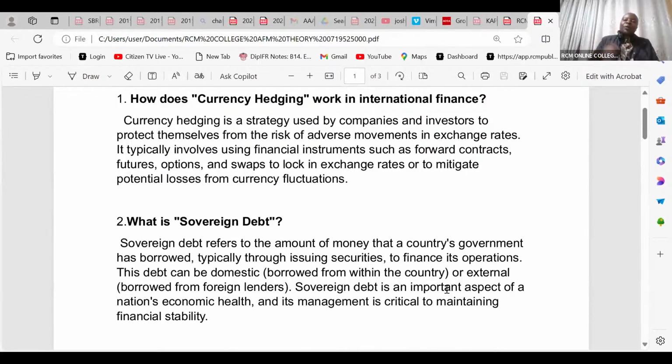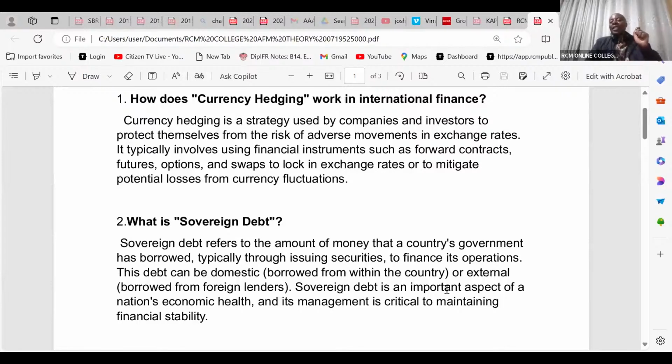Moving forward, right now the Kenya Kwanza government is looking at getting money from Japan, from China, and from Islamic countries through what we call sukuk bonds. They have tried sukuk bonds.